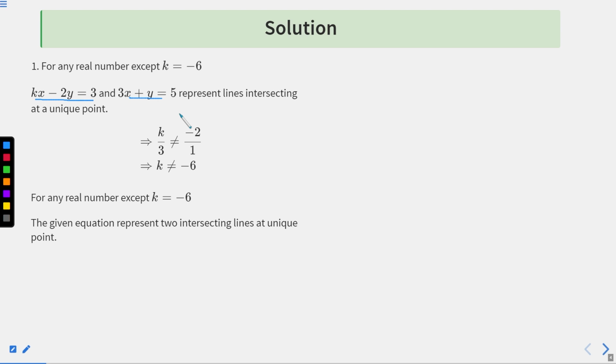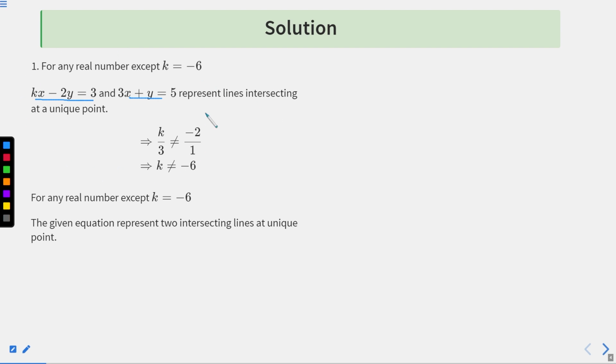Comparing the coefficients, a1 is equal to k, b1 is equal to minus 2, and c1 is equal to minus 3. Also a2 is equal to 3, b2 is equal to 1, and c2 is equal to minus 5.